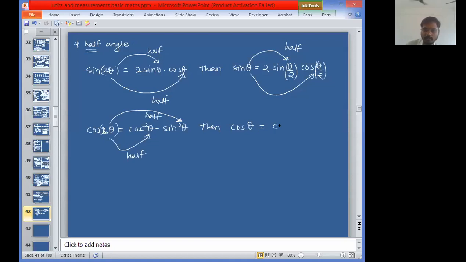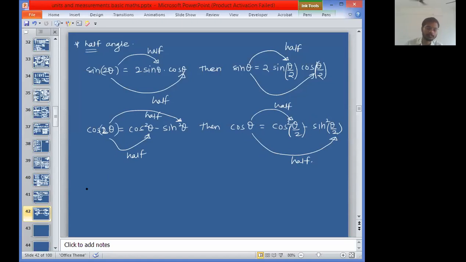So cos theta can be written as cos square theta by 2 minus sin square theta by 2. Put a bracket. This is theta, this is half of theta, means half angle.